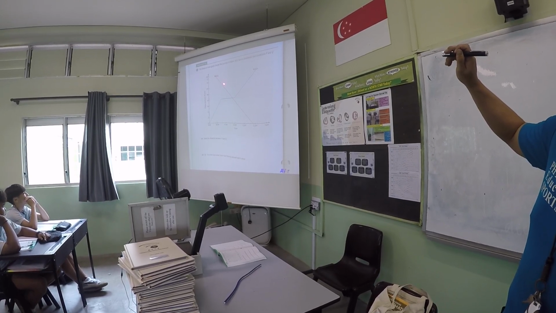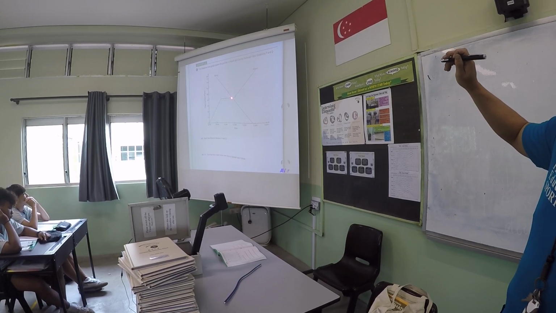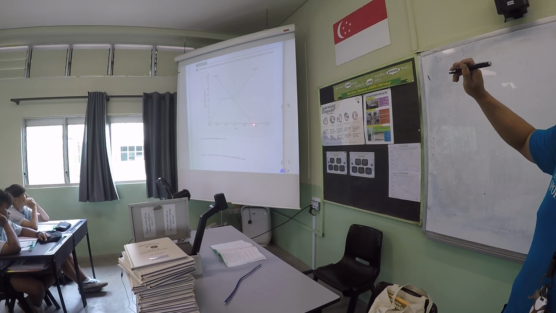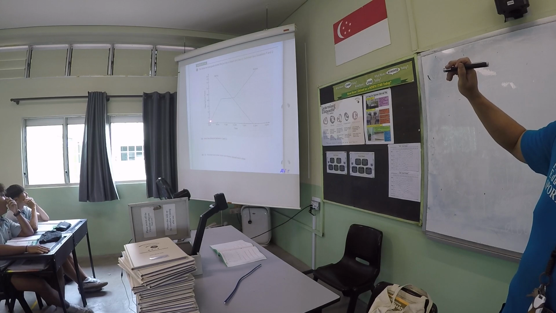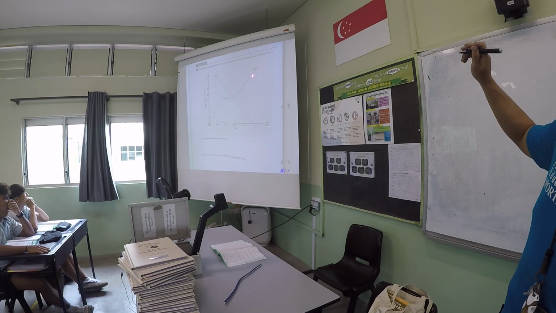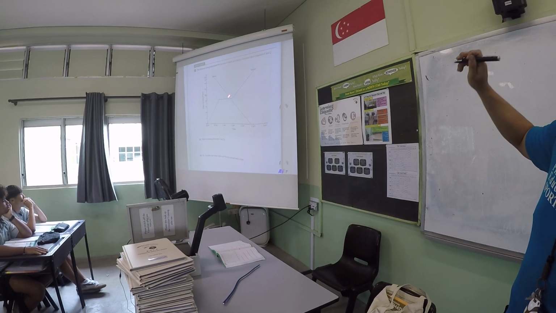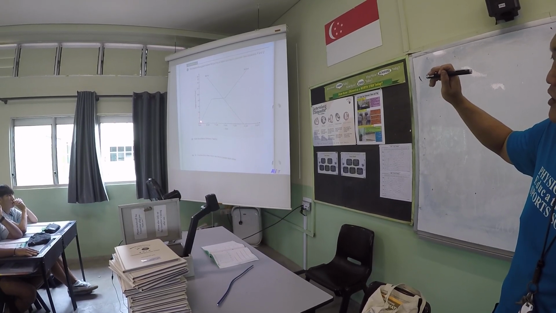Then he traveled closer and closer to point P, and he reached at around close to 2 p.m., he reached point P. For Adam, this is Adam's location, his distance from P. So at 9 a.m., Adam is at P because his distance from P is 0.